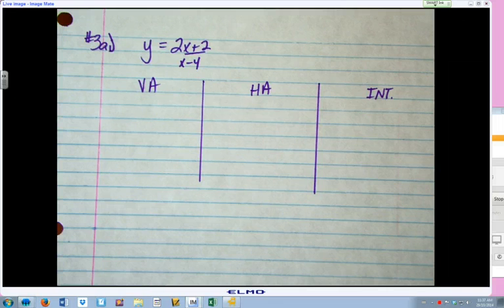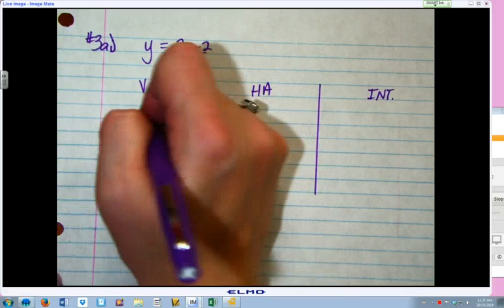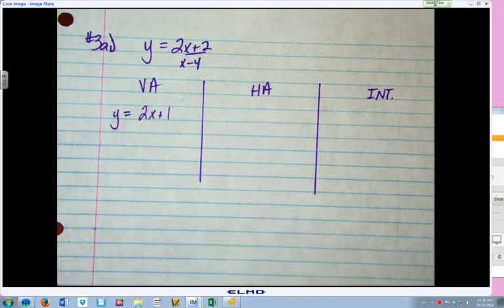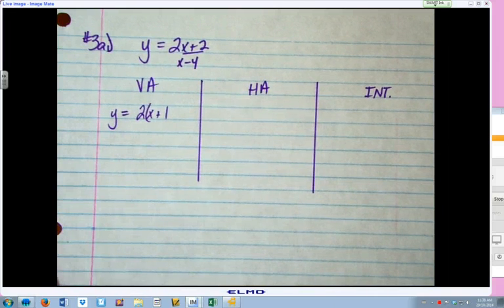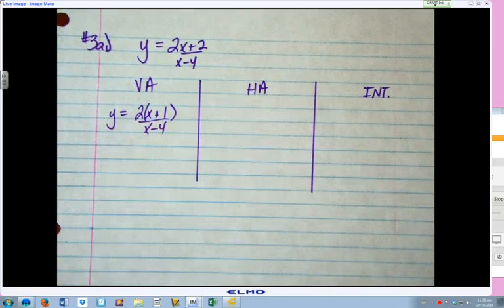How do you figure out vertical asymptotes or holes? You factor anything you can, top, bottom, whatever is possible. What could we factor? What does that tell us?